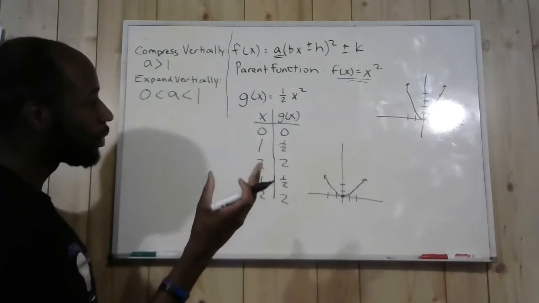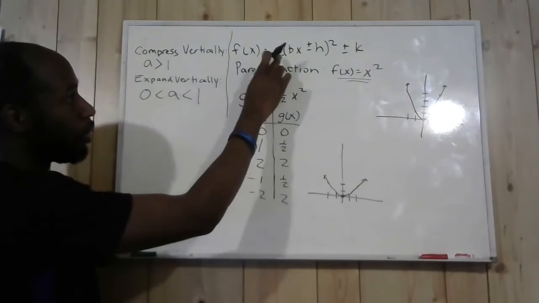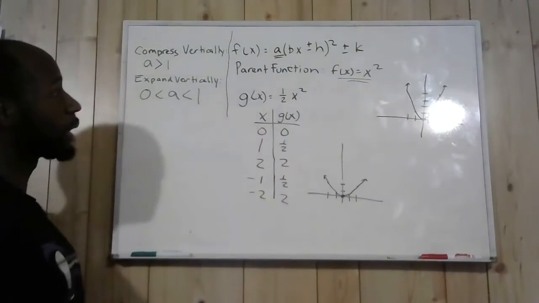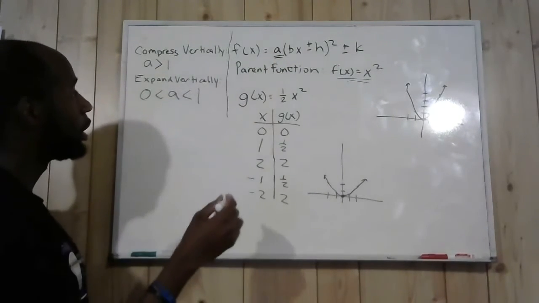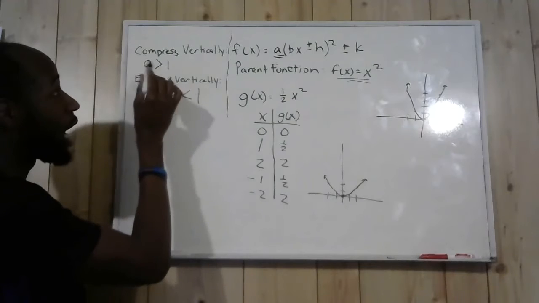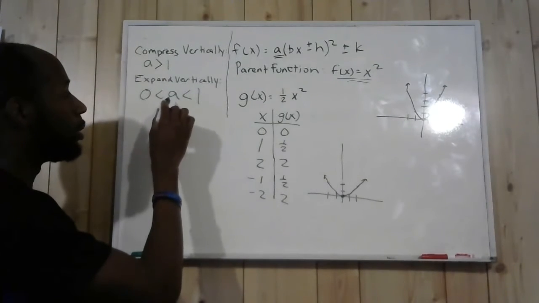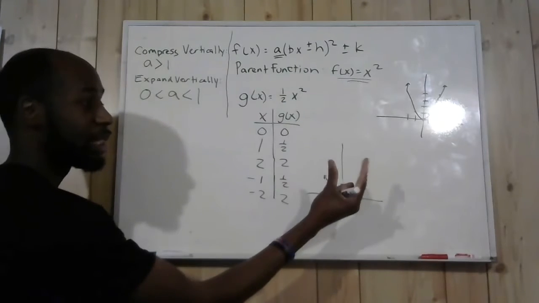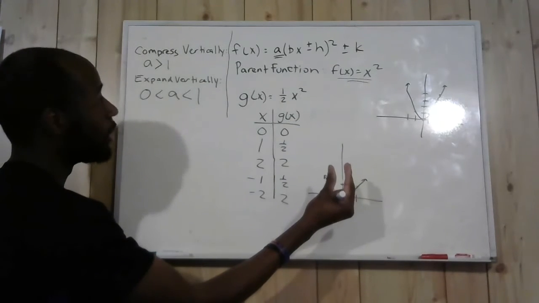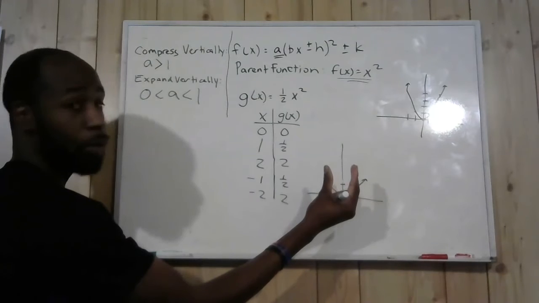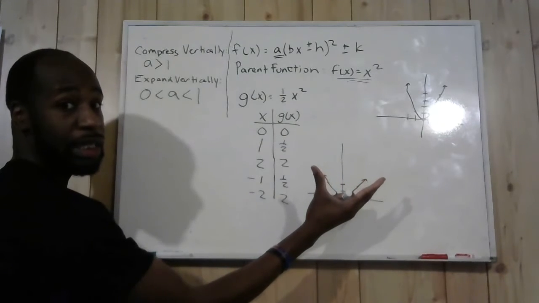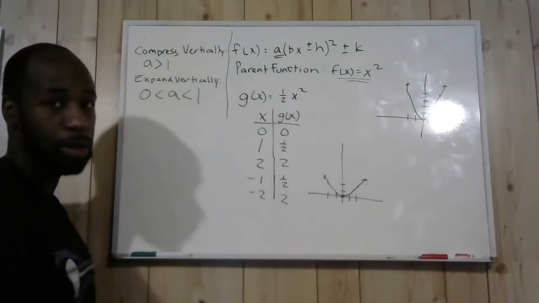So when you have some number A multiplied times the function, then when that A is greater than 1, it compresses the function vertically. When that A is between 0 and 1, it expands the function vertically.